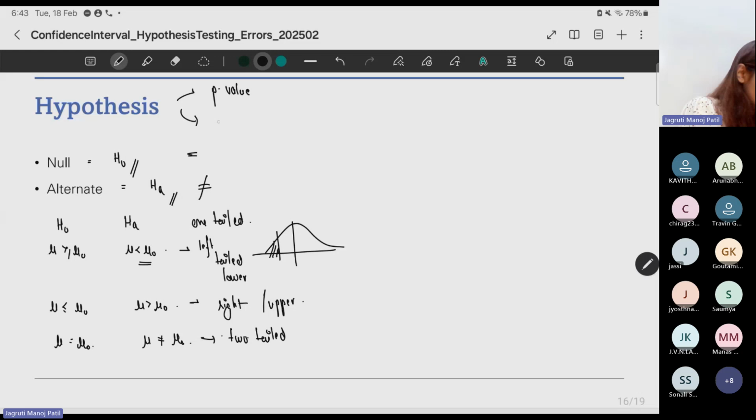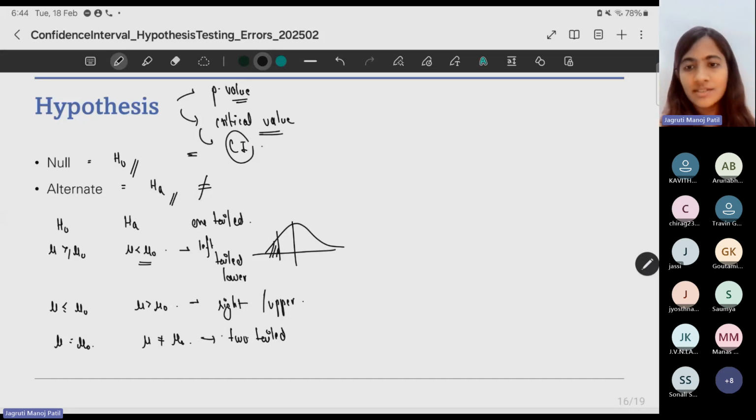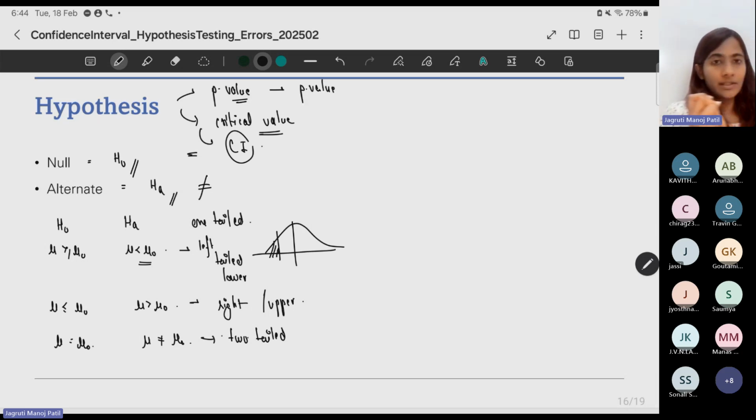Then you have something called the critical value, and then you have the confidence interval. If your mean or proportion value is within those confidence interval values, then you say that it is lying within it. We reject the null hypothesis when the p-value for a particular distribution is less than the type 1 error, that is alpha. If I'm following a 95% confidence interval, I'll say it should be less than 0.05.